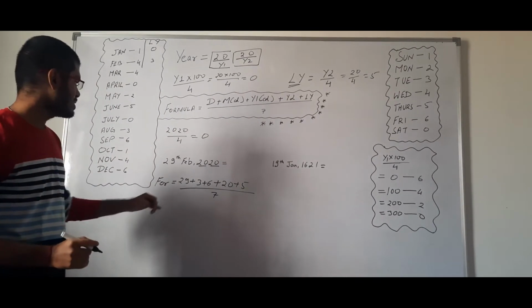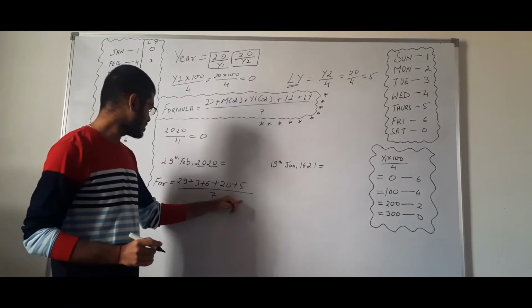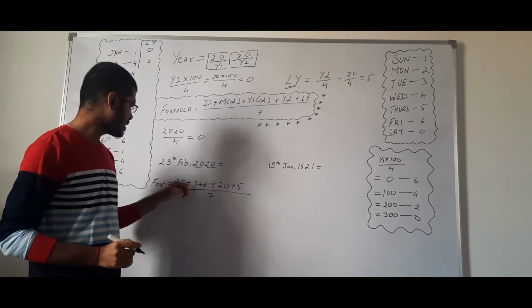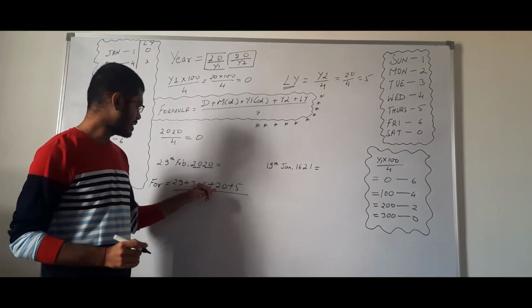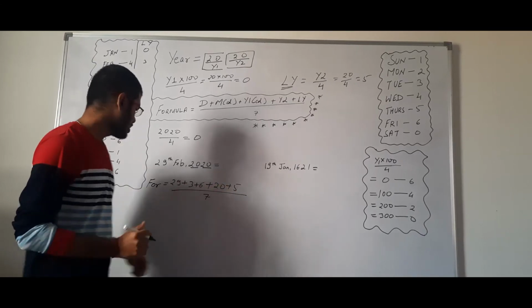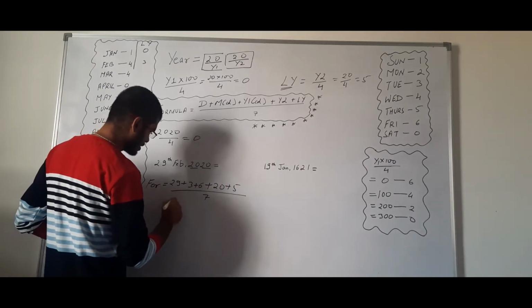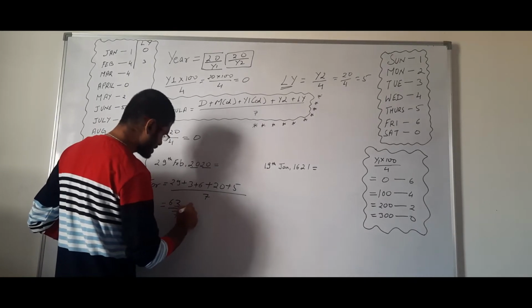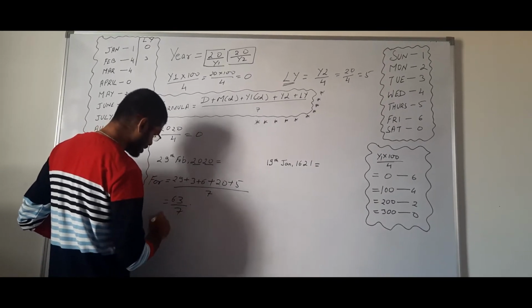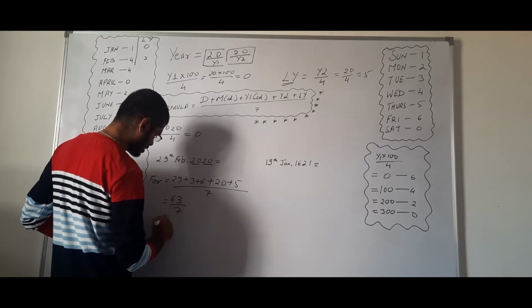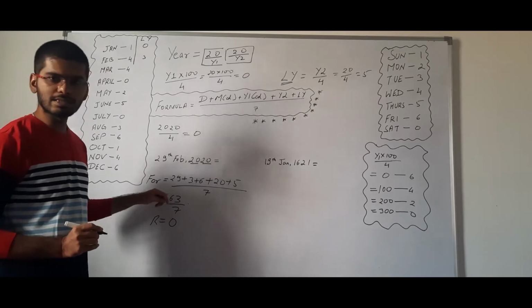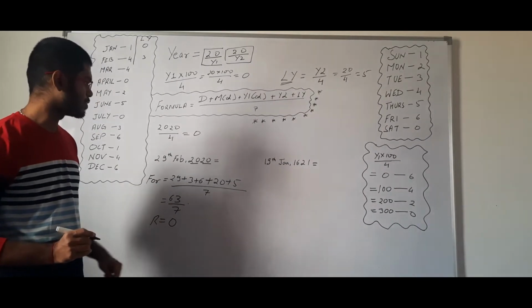Now guys, when this entire thing is divided by 7, we get 20 plus 29, that is 49, 52, 58, 63. So here we have 63 by 7, and this leaves a remainder equal to 0. 7 9s are 63, so we have a remainder of 0.